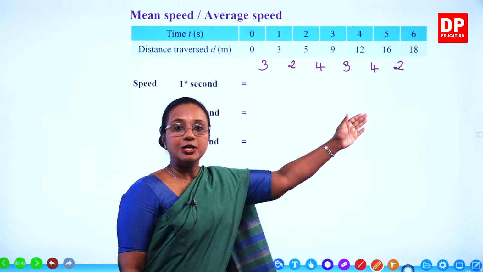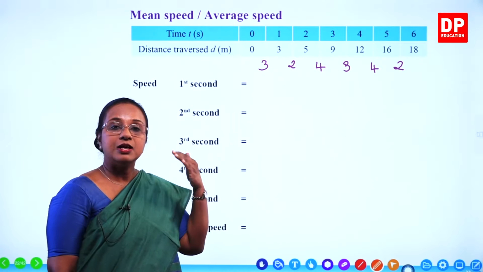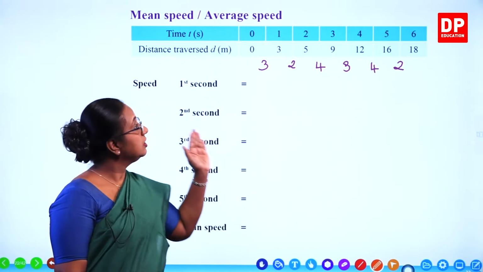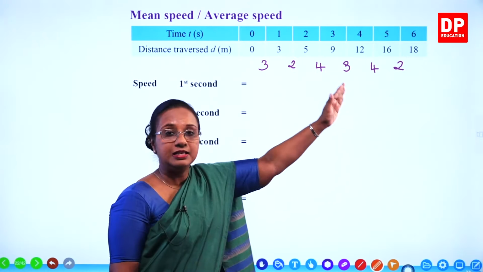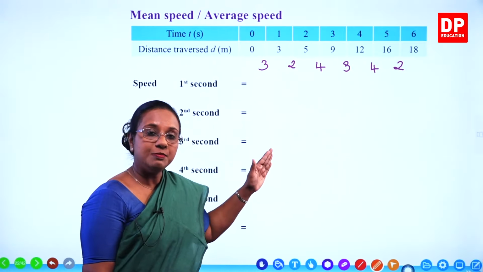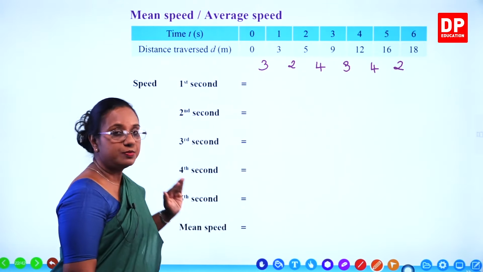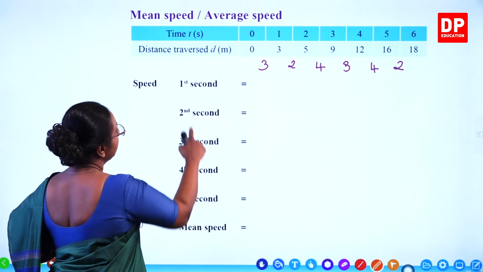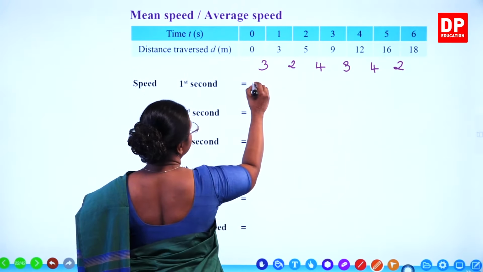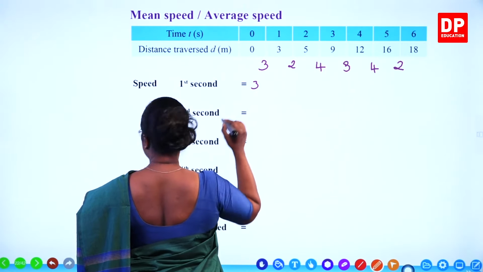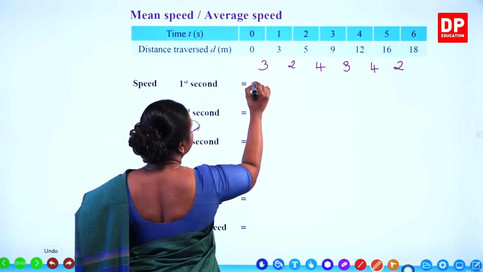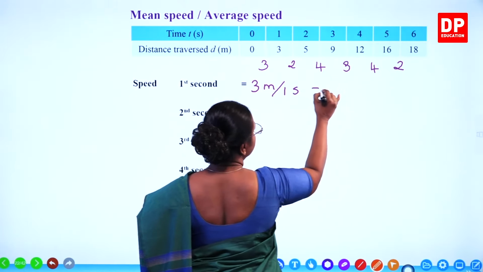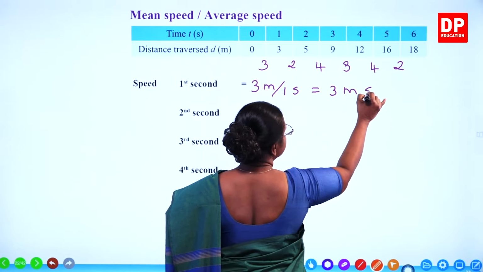So from the values, you can see that the object has travelled different distances during each time interval. That means the speed of the object has changed. We will now calculate the speed. For the first second, it is going to be 3 meters divided by 1 second, so 3 meters per second.